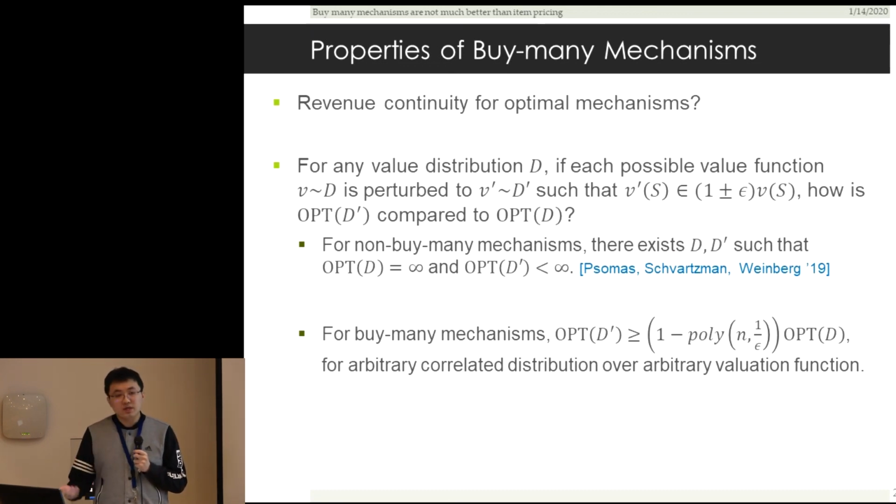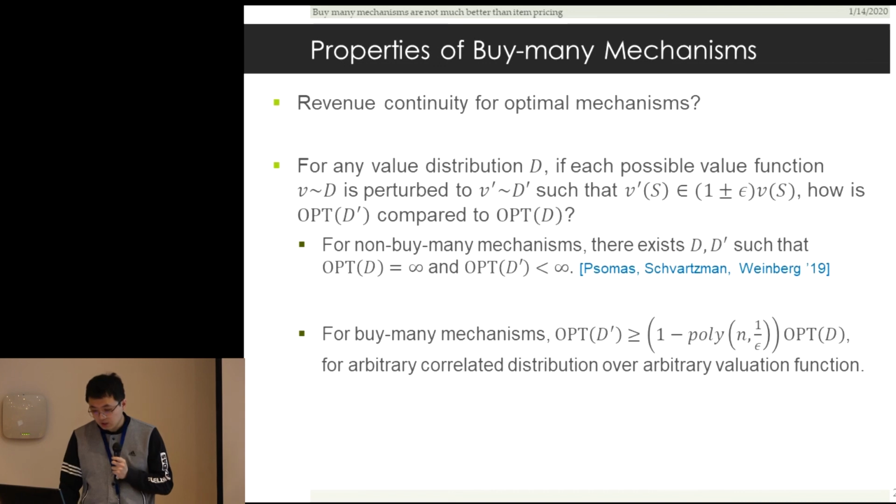There is a surprising result mentioned in the previous talk saying that for non-bi-many mechanisms, there exist distributions D and D prime such that D prime is a multiplicative 1 plus minus epsilon perturbation of D, where before perturbation the optimal revenue is infinite, and after perturbation the revenue immediately becomes finite.